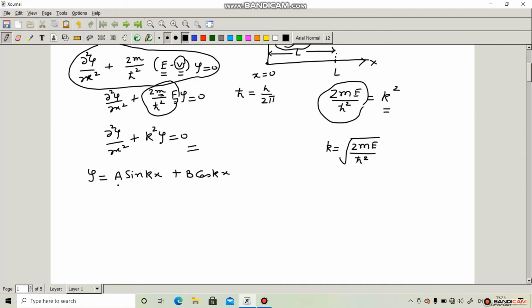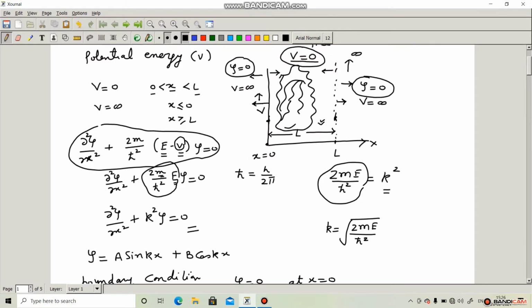And now we apply the boundary conditions in this solution. What are the boundary conditions? Psi equal to 0 at x equal to 0. We have seen in this diagram that this is x equal to 0, and at x equal to 0 psi is 0.